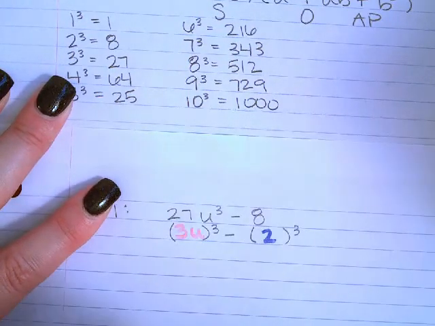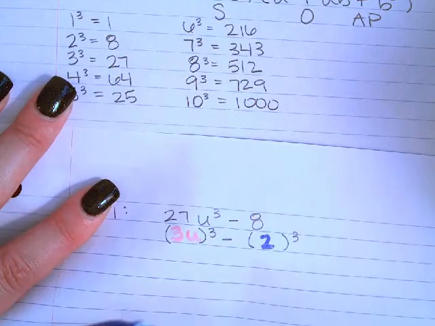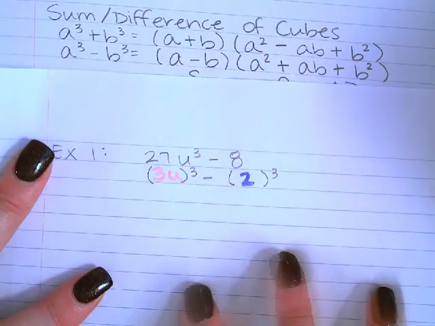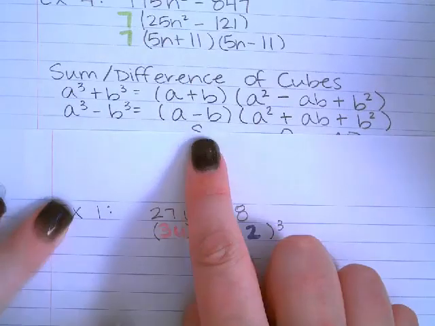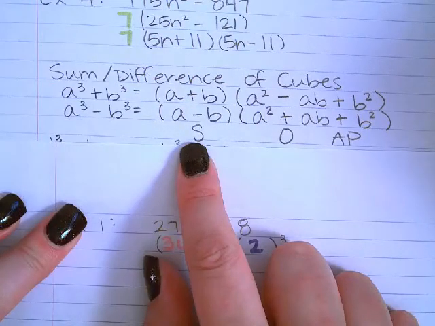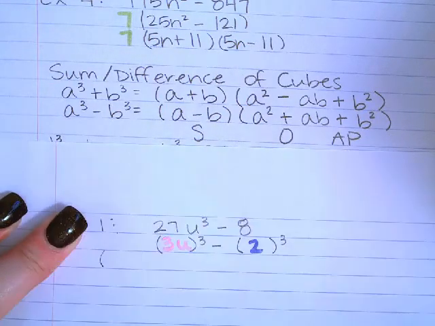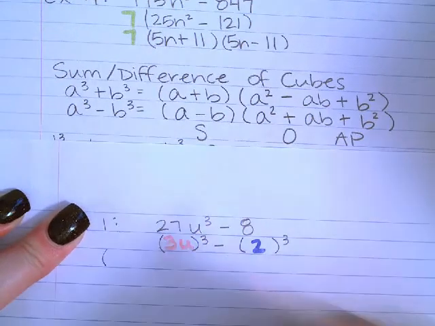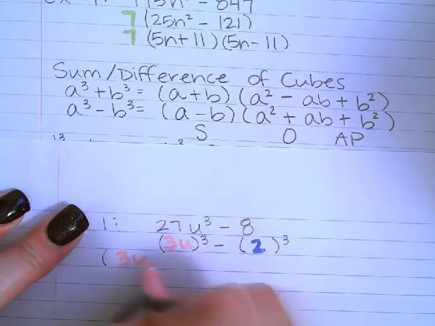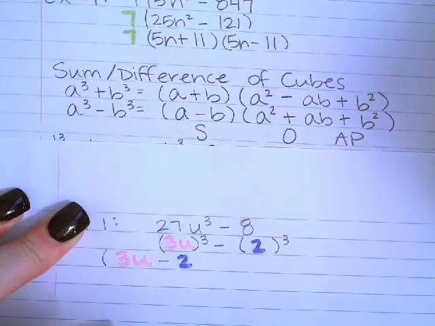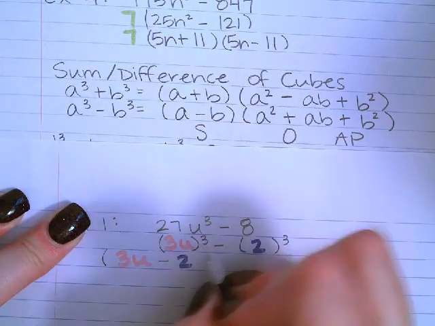All right, so now I'm going to go ahead and follow my pattern. So the pattern says I keep the same, I'm going to write soap. I'm going to keep the same sign, a minus b. So I'm going to have a, 3u, minus b, minus 2. Okay?